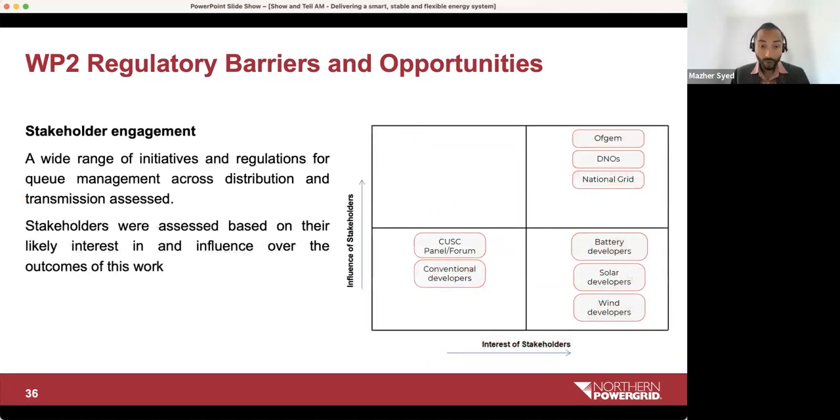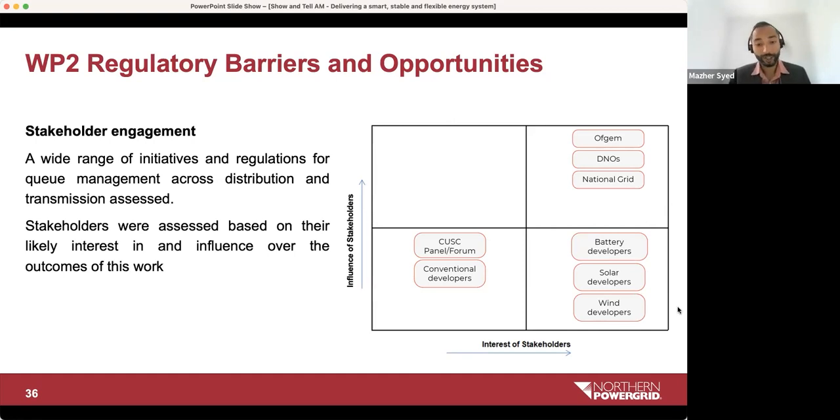At the same time, it was very important for us to engage with stakeholders to understand their point of view and their thoughts on the current existing connections queue management. And also to understand what would be the change or what would be their thoughts if we bring in this diversified flexible queue management. So we set out to identify a few stakeholders and assess their inputs based on the likely interest and influence over the outcomes of this work.